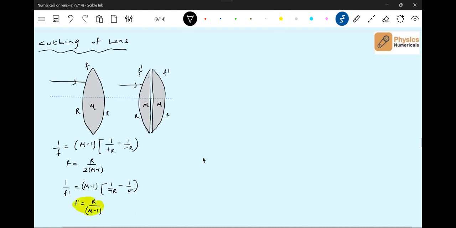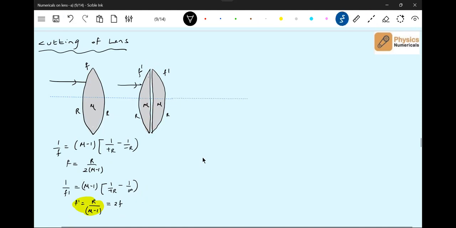So what is this f dash? f dash will become r by (mu minus 1), which is 2f. Therefore, if you cut the lens vertically, normal to the optic axis, the focal length will become double.